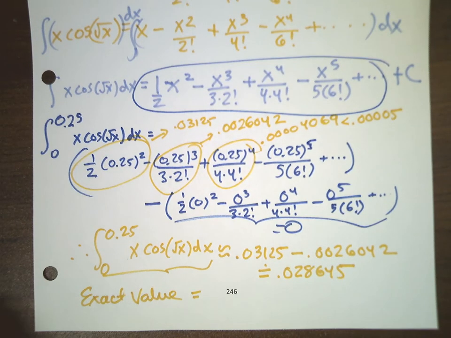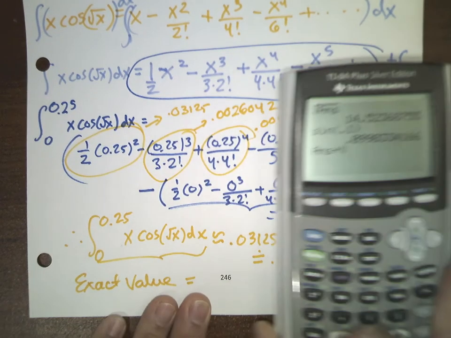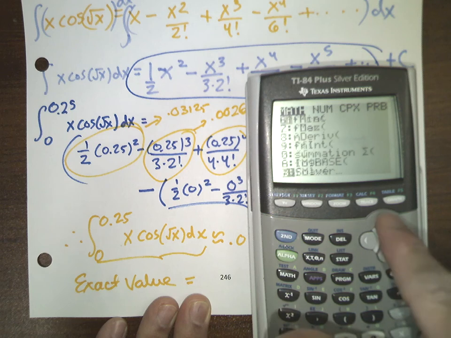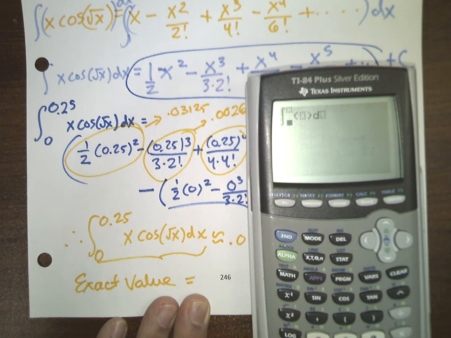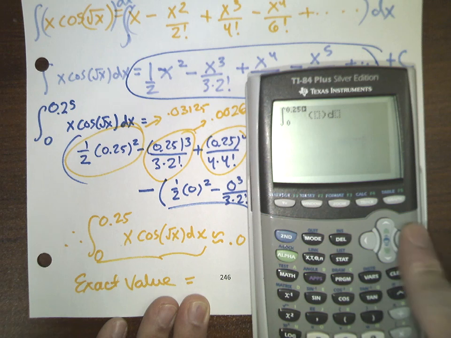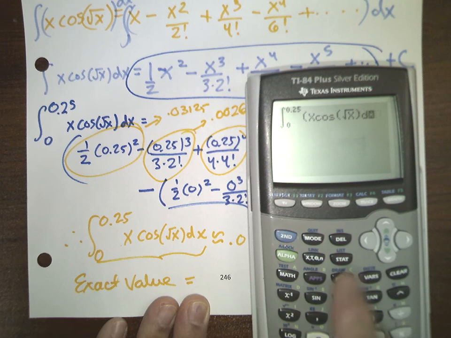And then if I found the exact value of this integral, let's go ahead and calculate the exact value for you here. So where is the integral here? The integral from 0 to 0.25 of x times the cosine of the square root of x dx.